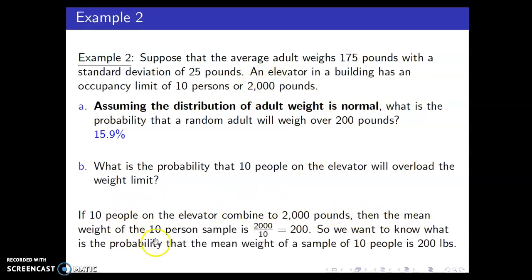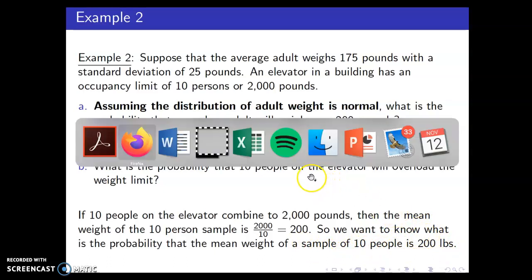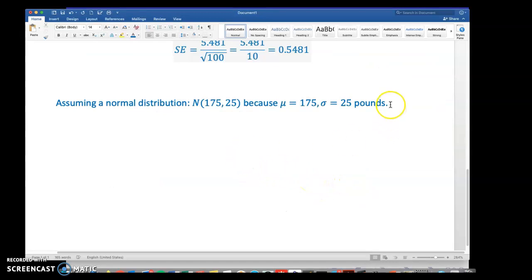Then the mean weight of the 10-person sample would be 2,000 over 10, or 200. So the way to reformulate this question is: what is the probability that the mean weight of a sample of 10 people is over 200 pounds? All right, so here we're going to assume a normal distribution.